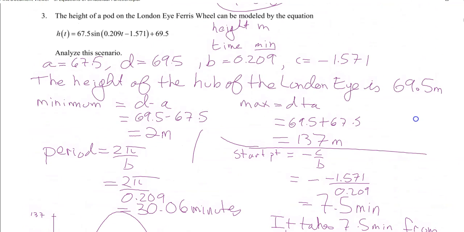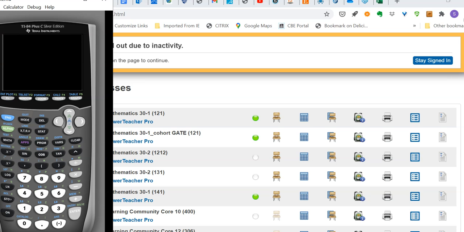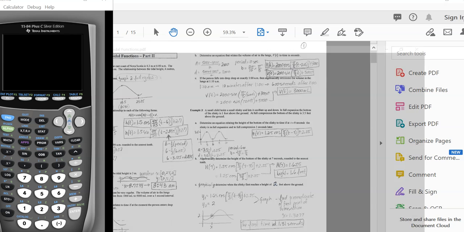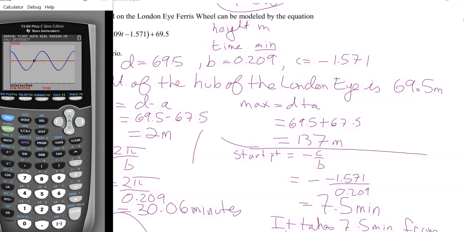What's the equation? 67.5 sine. That's not what we want. Turn on the calculator.